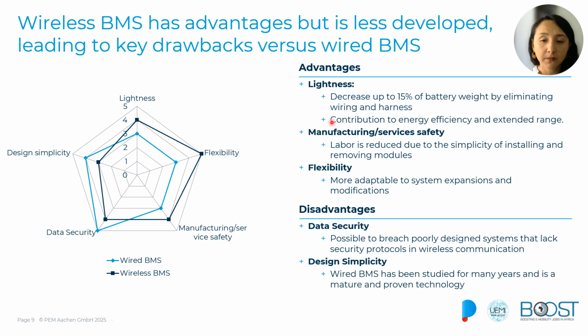Some of the advantages of the wireless BMS, the first and the most important is the lightness. When we remove the cables, we can cut the battery pack weight by up to 15%. That's a substantial gain for the electric vehicle because it will overall improve the efficiency and will extend the range of the vehicles by having lighter batteries.